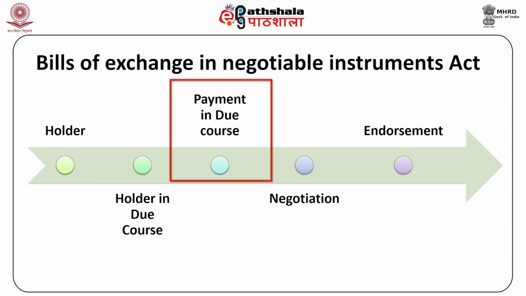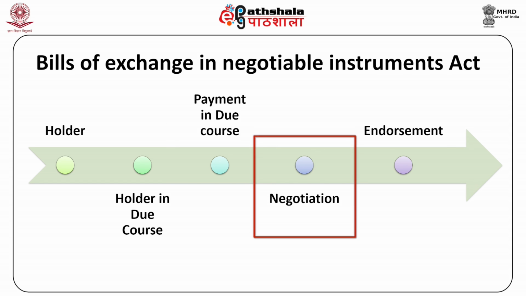Number 3. Payment in due course. As per Section 10, it is the payment made to the holder in good faith and without negligence as per the apparent tenor of the bill of exchange. Number 4. Negotiation.